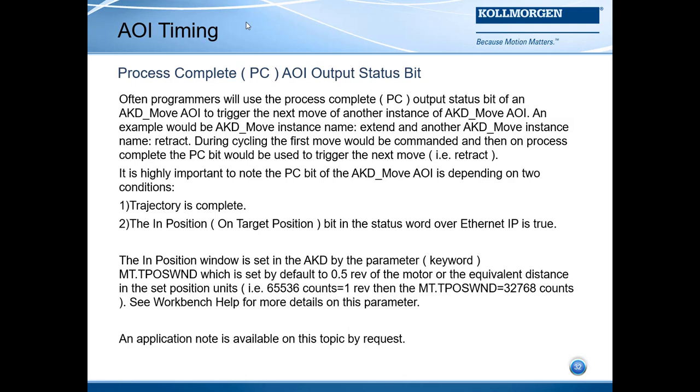And then in this case, MT.TPOSWND, when queried in terminal, would indicate 32,768 counts per rev. Please see the Workbench help for more details on this parameter. An application note is available on this topic by request.